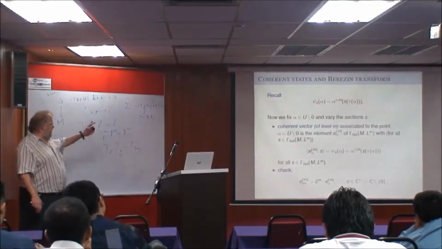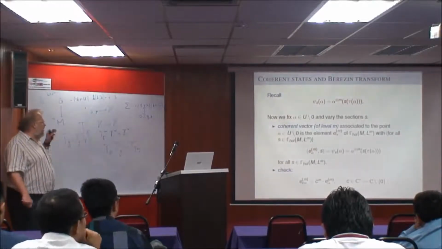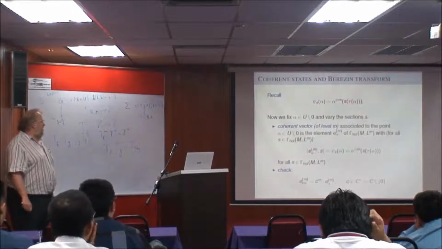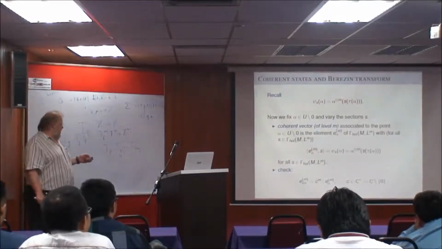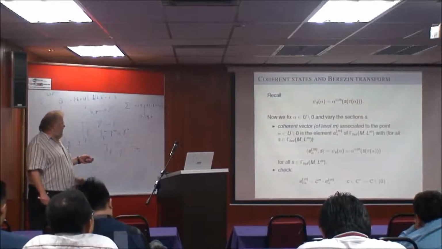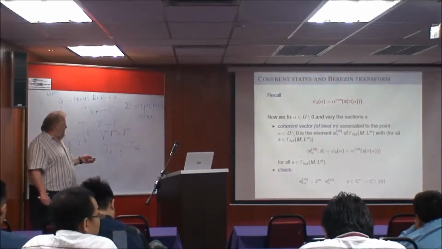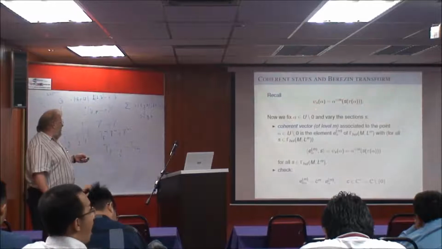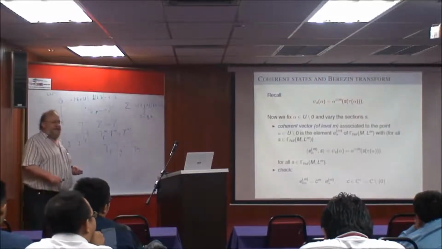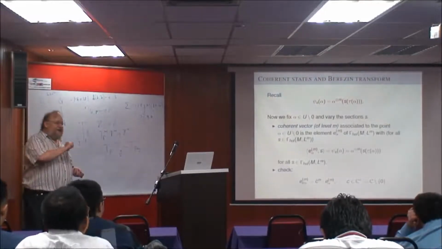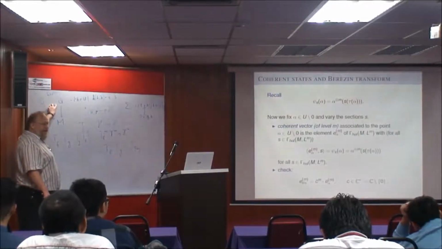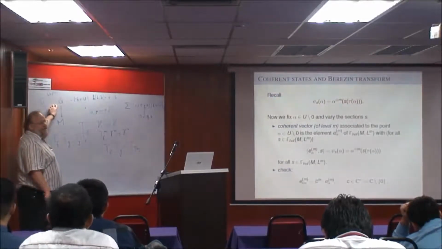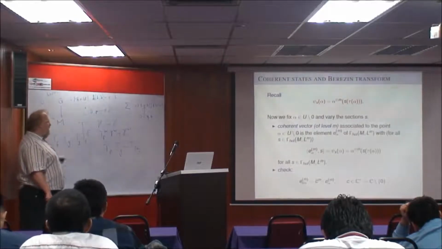So how I present it here is not exactly the original Rawnsley approach. Anyhow, this formula we had already, so we used it to identify functions on Q with sections of the bundle.